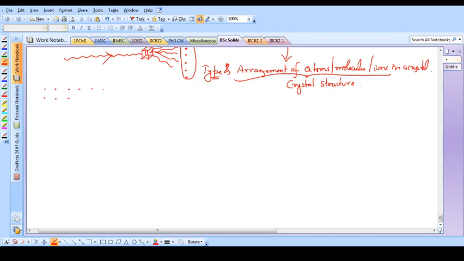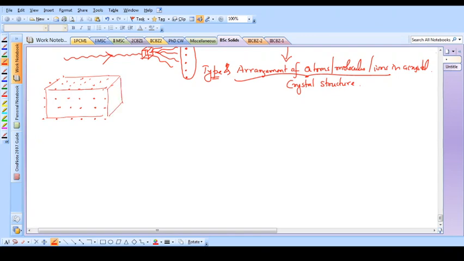So a crystal is nothing but a regular three-dimensional systematic arrangement of lattice points, that is atoms, molecules or ions, in three directions. Similarly, you have a different direction. Okay, so this is a crystal where there is a systematic arrangement of lattice points.